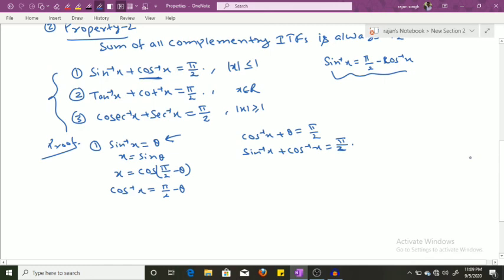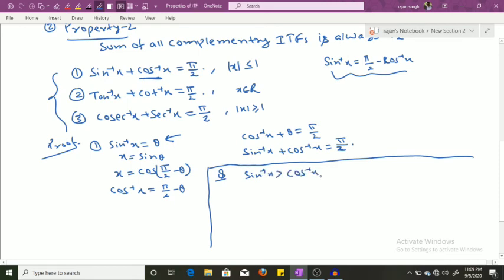So we'll do one problem here. The problem given: sin inverse x is greater than cos inverse x. We have to find x. So sin inverse x is greater than cos inverse x.